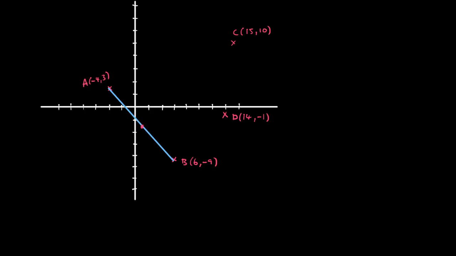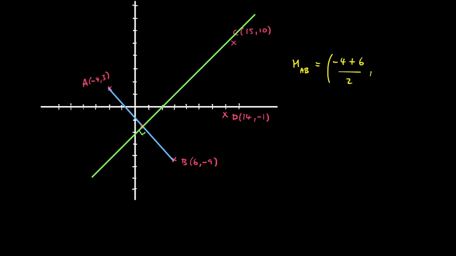So we want to find the equation of this line that is perpendicular to AB and that goes through the midpoint of AB. So we want to find those two things first. So how do we find the midpoint of AB? Well, we add up the two x coordinates and divide by 2. So we've got -4 plus 6, and we divide by 2.